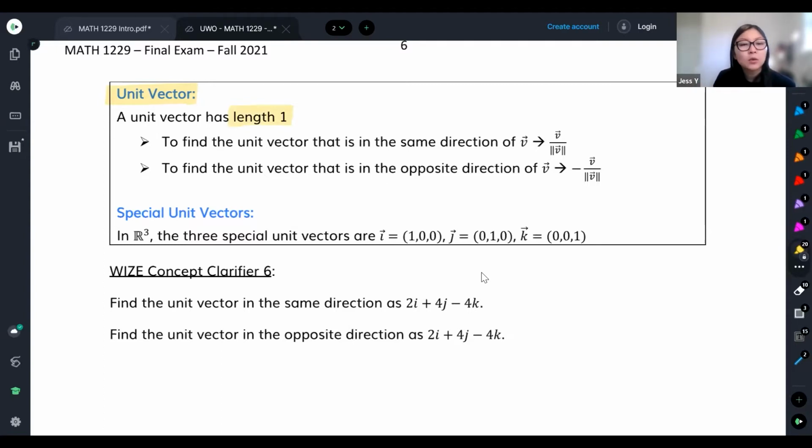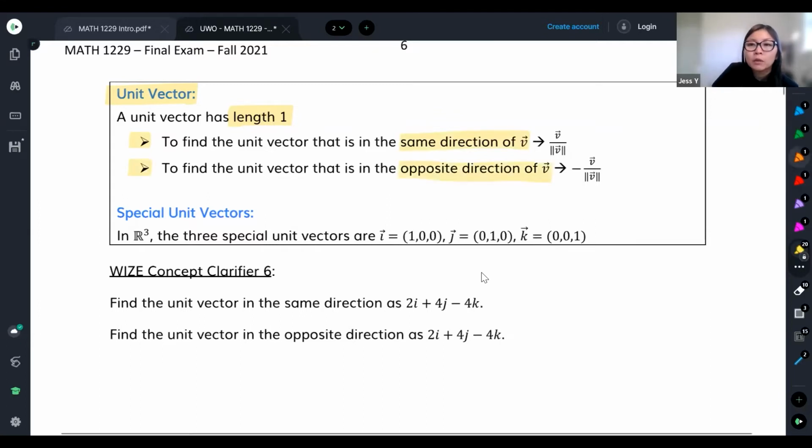So they can spin this question however they want. They can say, hey, find the value of k so that this is a unit vector or something along those lines. If that's the case, then what you're doing is making sure that the length is 1. Now, the two applications that they'll usually ask on the final exam would be asking for the unit vector that is in the same direction as v, or asking for the unit vector that is in the opposite direction of v.